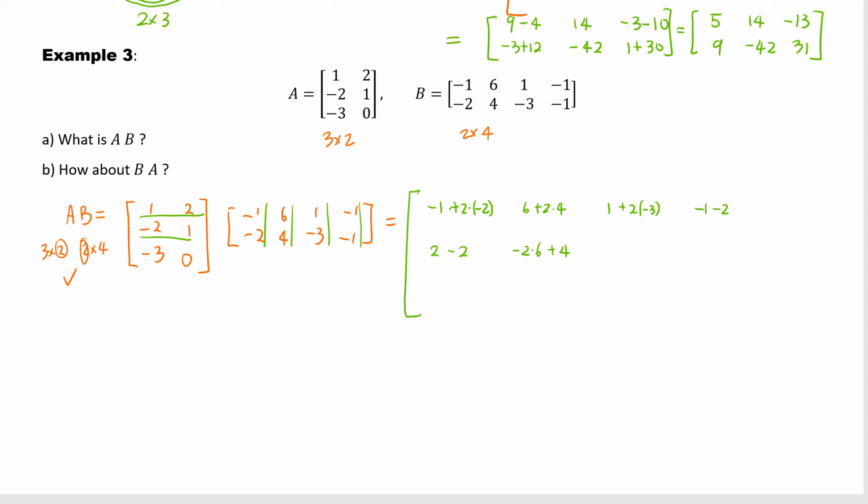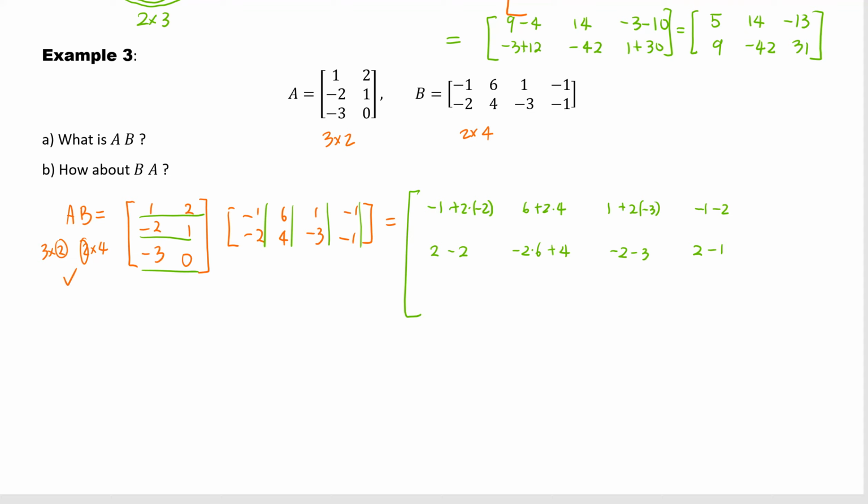Next, negative 2 times 1 is negative 2. 1 times negative 3, minus 3. Last, negative 2 times negative 1 is 2. 1 times minus 1 is minus 1. So here we're using the second row of A multiplied by the last column of B.